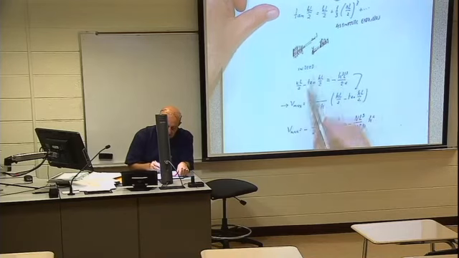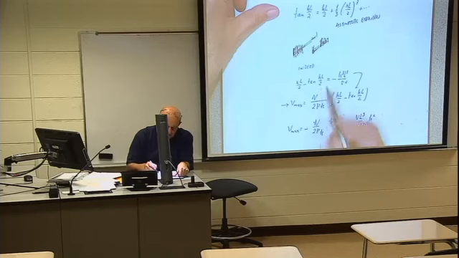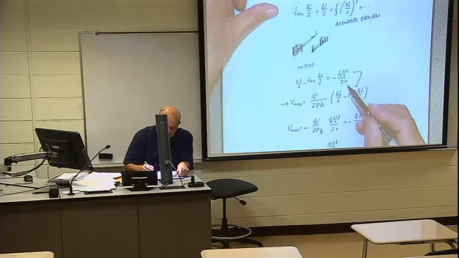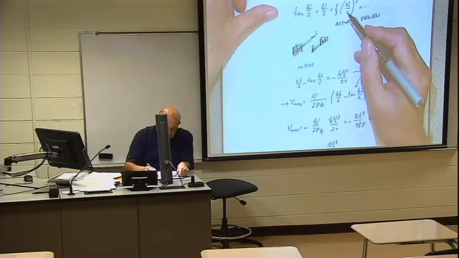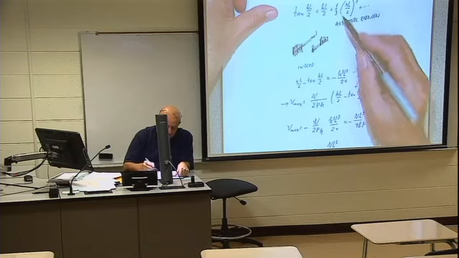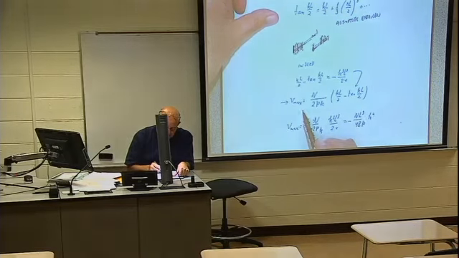So then we have KL minus tangent KL over 2 equals then this term. 2 cubed is 8, 8 times 3 is 24. So Vmax then equals this.